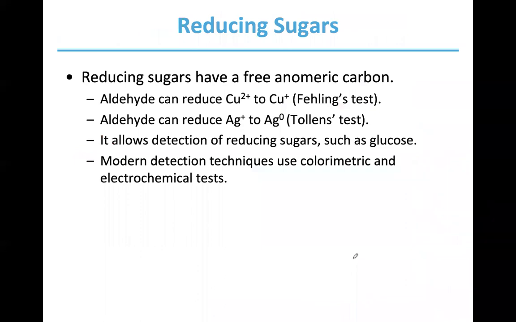All right. So another concept we need to talk about: reducing sugars and non-reducing sugars. Reducing sugars are those that have a free anomeric carbon.